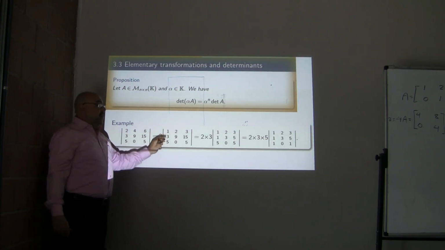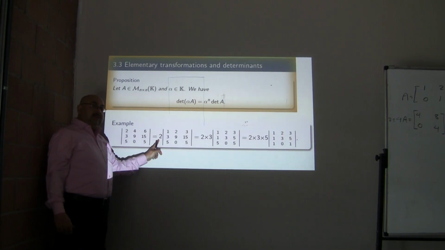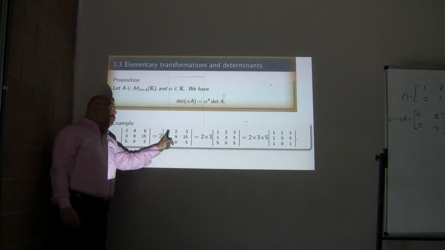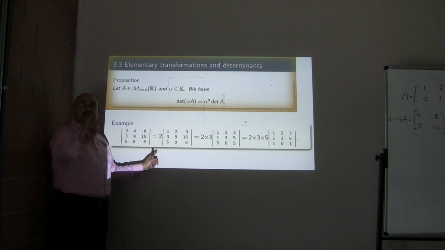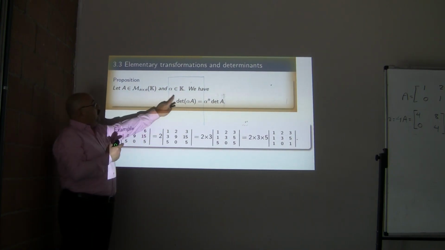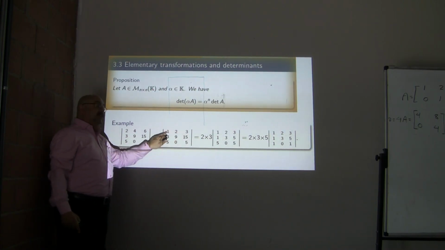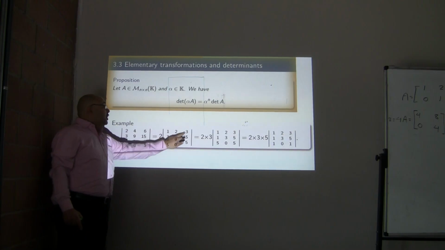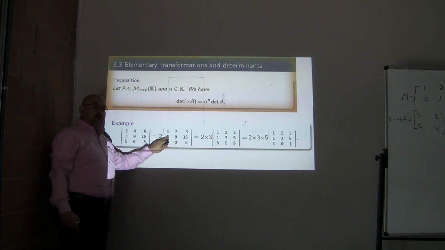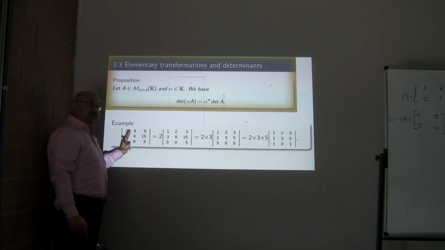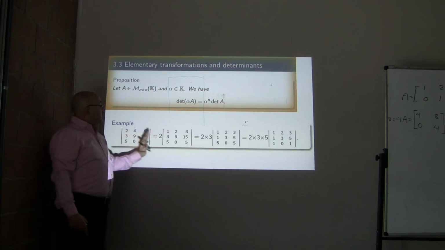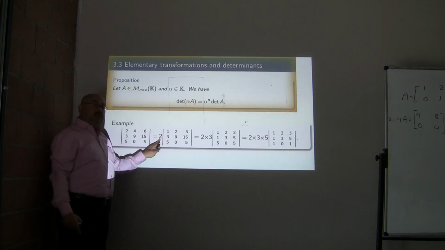Okay? So when I multiply, once we multiply a matrix by a number, it will be multiplied in one row or in one column. Otherwise, it will do what happened here in multiplication of matrices. So if I'm taking an element from this matrix, take it from one row or one column, the determinant of this matrix will equal the determinant of this matrix times 2.